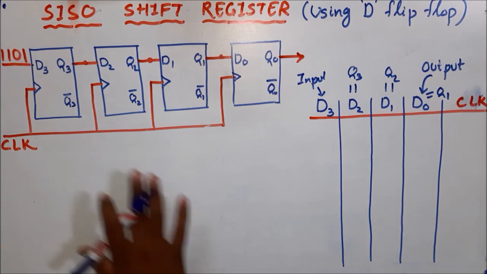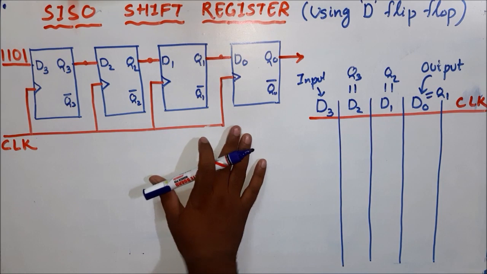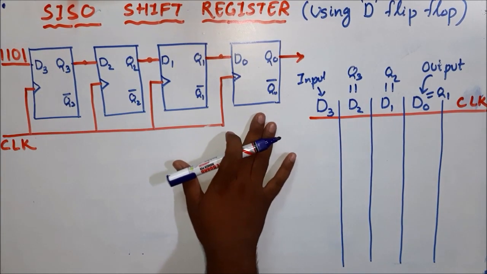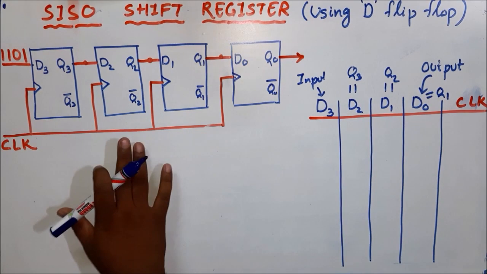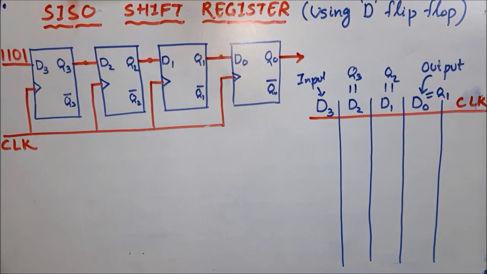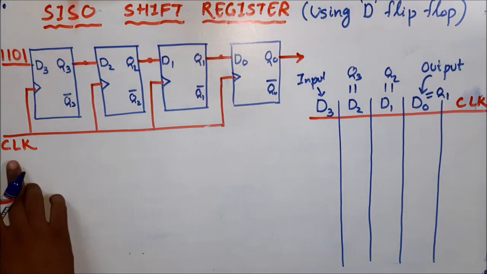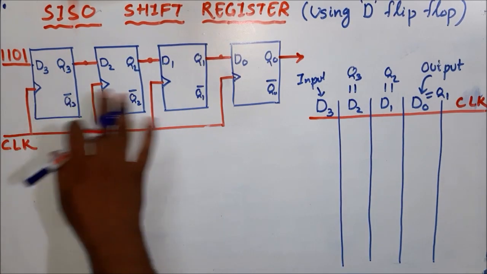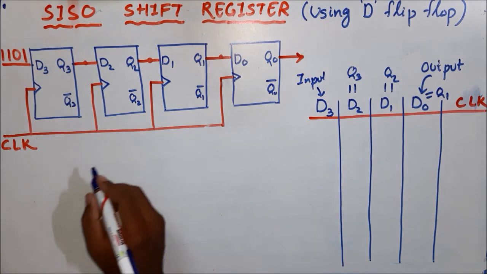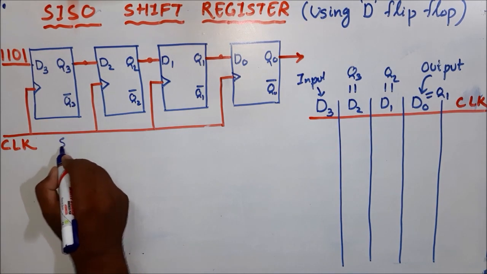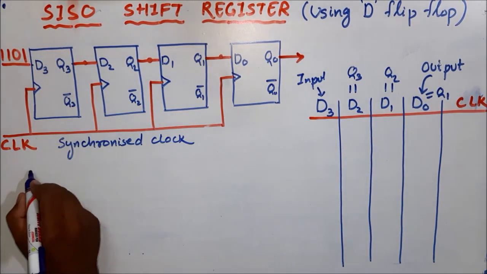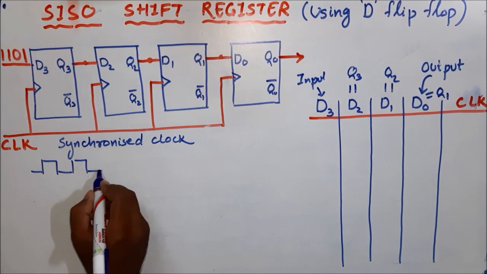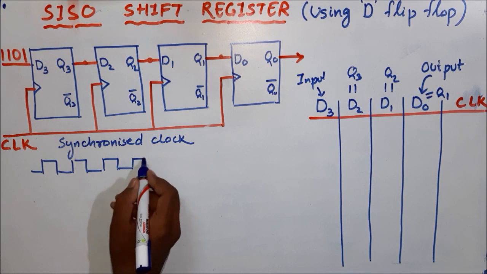So here you are taking 4 D flip-flops named D0, D1, D2, D3. I mean flip-flop 0, flip-flop 1, flip-flop 2, flip-flop 3. And you can see here we are giving a single clock pulse which is connected to all the flip-flops. So you can say it is a synchronized clock. The clock pulse will be like this continuously, right?